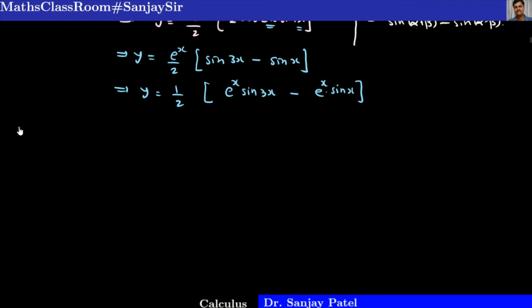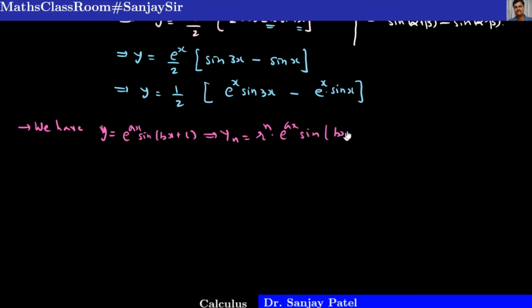We know that we have the formula for y is equal to e raised to ax into sin(bx plus c), then yn is equal to r raised to n into e raised to ax into sin(bx plus c plus n phi).